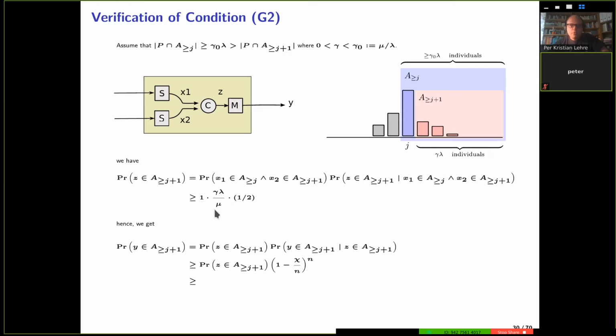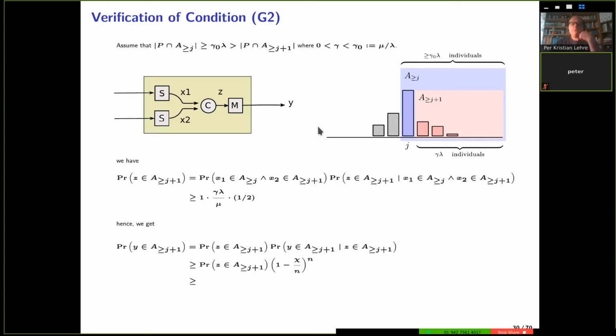And the probability that the crossover operator produces an individual in j plus 1 is going to be this epsilon, or 1/2, which we looked at in the previous slide. So overall, the probability z, before mutation, that we have an individual already in j plus 1 is going to be gamma lambda over mu divided by 2.